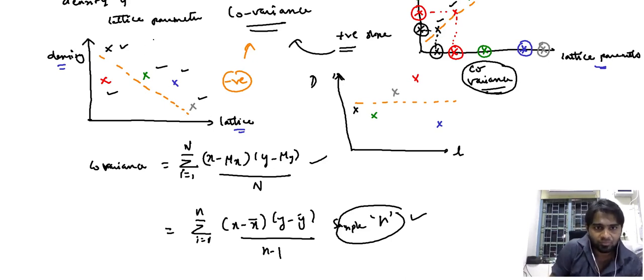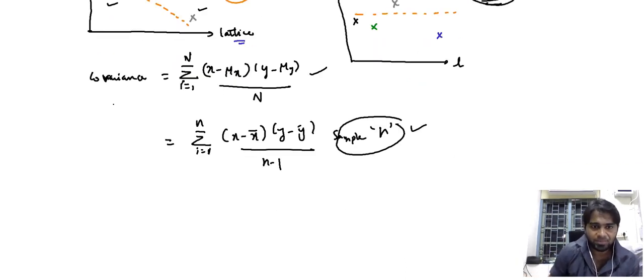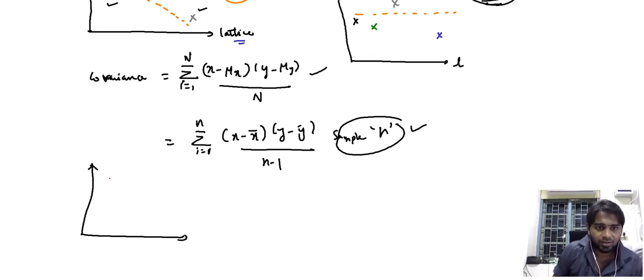Now when you consider the mean of this curve, let us consider a rather simplistic representation like this, and our points are these. So these are our points.